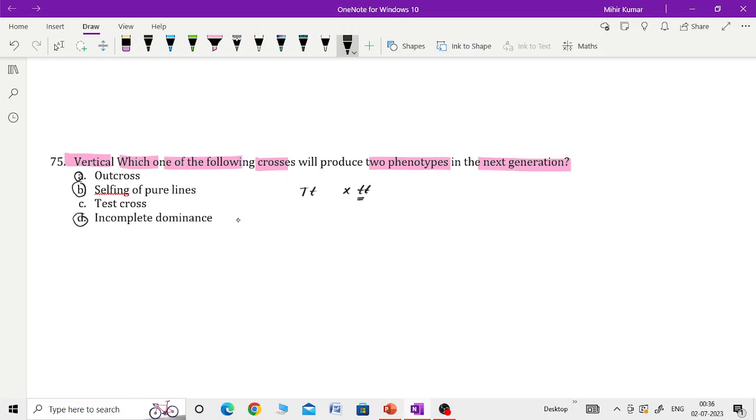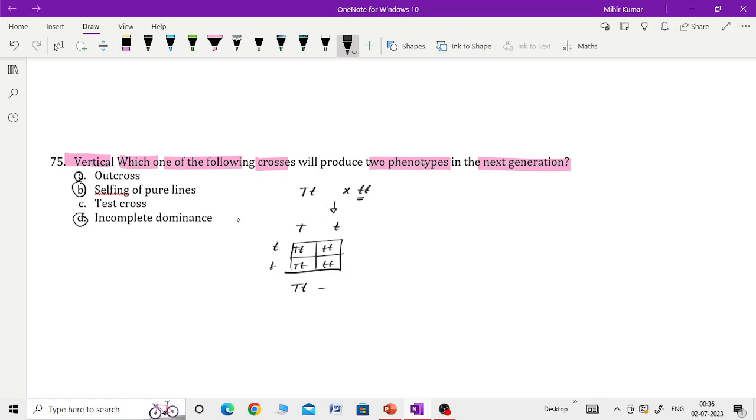We will cross the heterozygous individual with a homozygous recessive parent, and this produces two gametes, T or t, and this produces two gametes, small t, and we will just draw the Punnett square, and we find capital T small t, small t small t, capital T small t, small t small t.